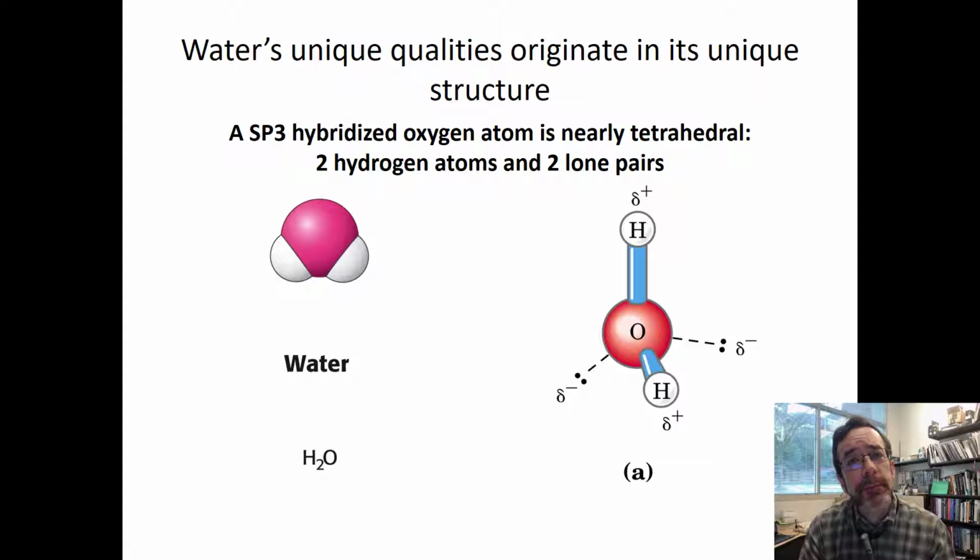Water is also, of course, bound to 2 protons. It's bound to 2 hydrogens. Each of those hydrogens is bound by electrons to the oxygen. But the oxygen is much more electronegative, so it's going to pull on those electrons. It's going to keep the electrons close to itself.